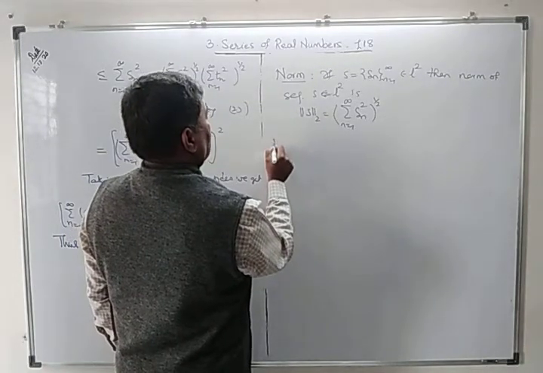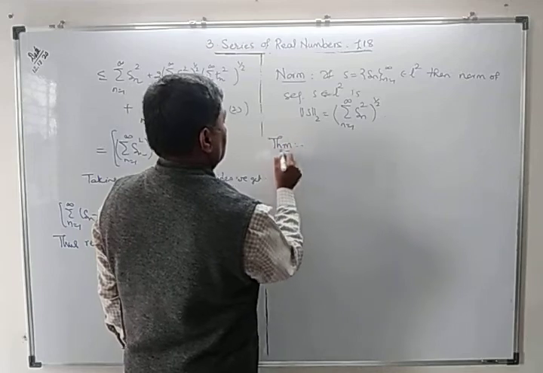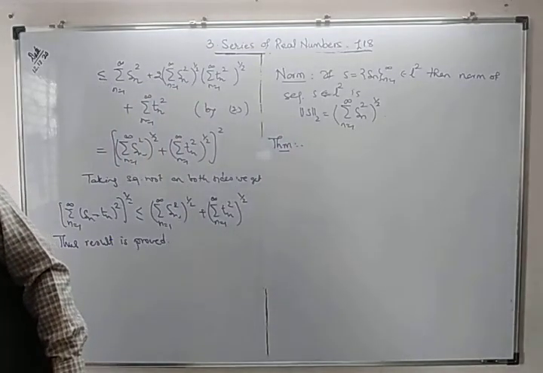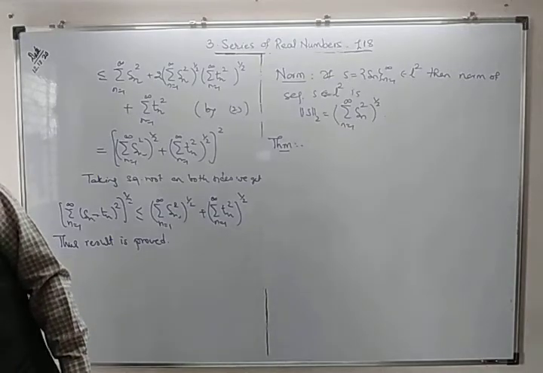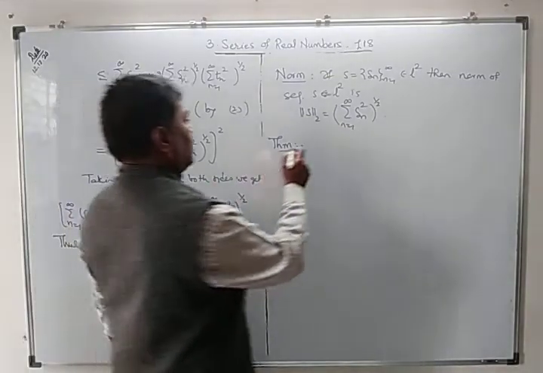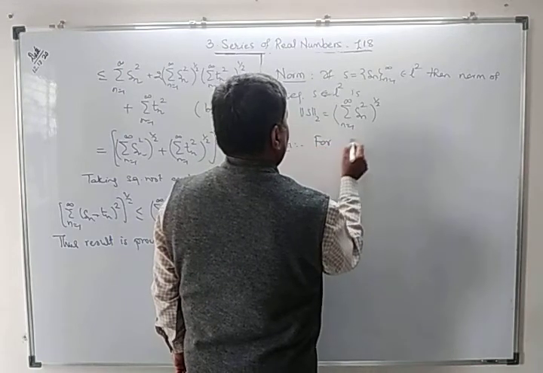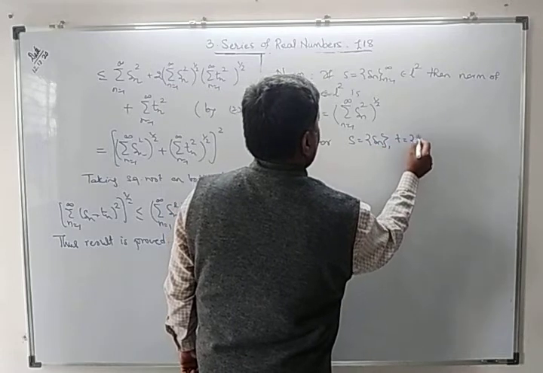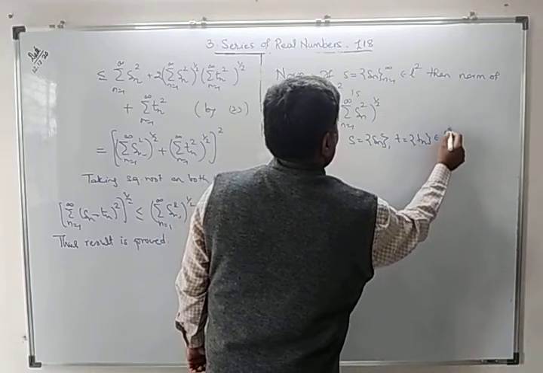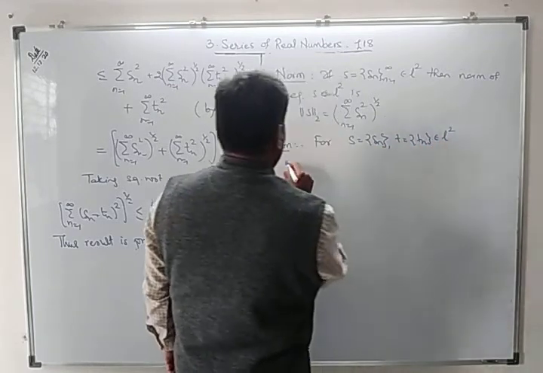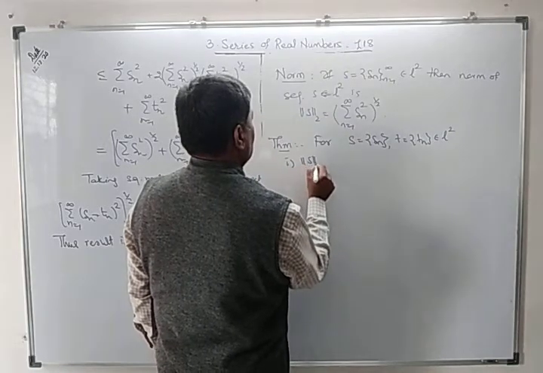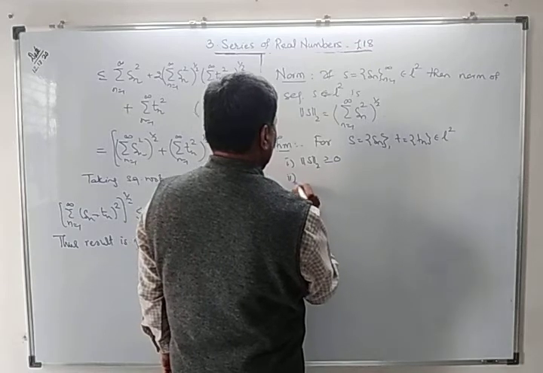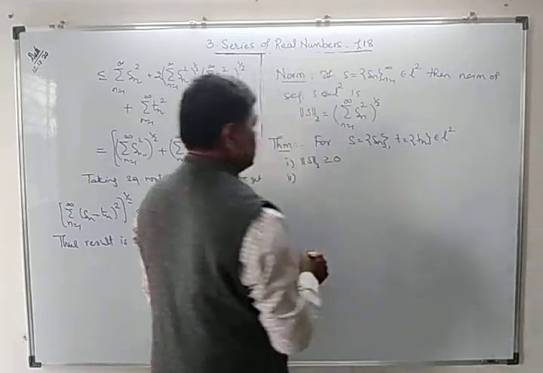Okay. Theorem. For S, T belonging to L2, S equal to Sn, T equal to Tn belonging to L2. First, norm of S 2 is greater than or equal to 0.